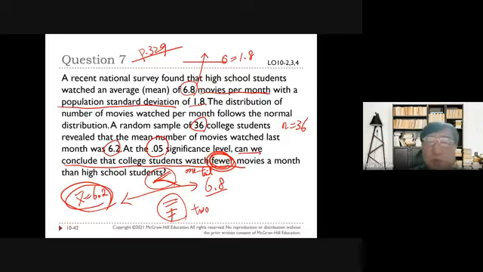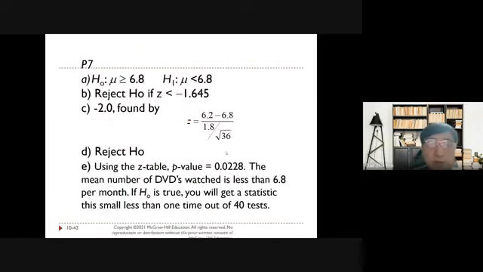High school students 6.8. Okay, but I have sample 6.2 from college students. So I want to know if mu is less than 6.8.